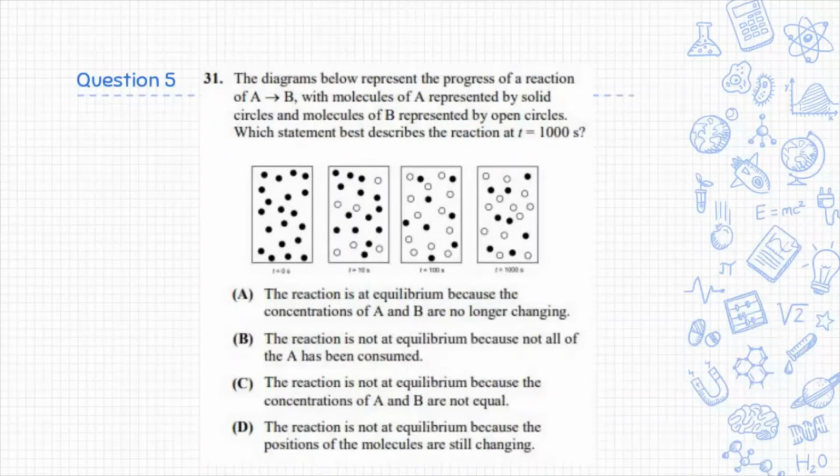C is not at equilibrium because the concentrations of A and B are not equal. Well, the concentrations of A and B don't have to be equal for the reaction to be at equilibrium. If you remember back at the beginning, Kwan had a slide with a graph like this.